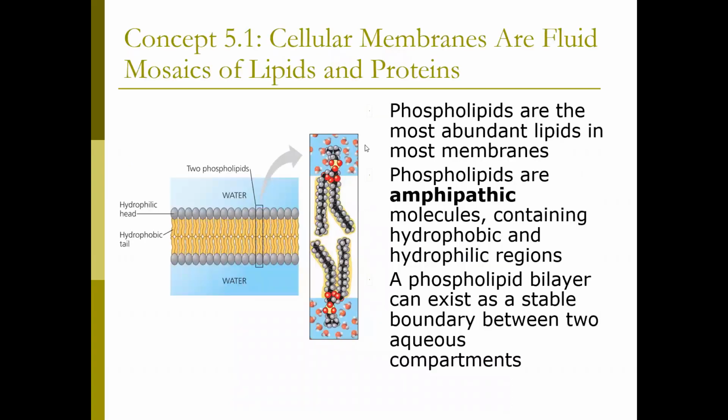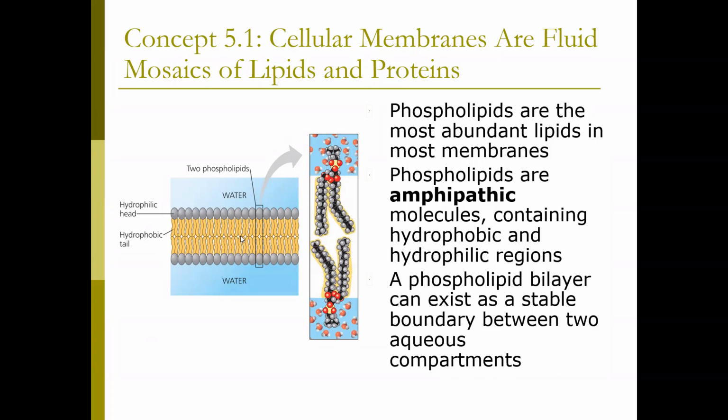So let's do a little bit of review. Back in chapter 3, we talked about the phospholipid bilayer. If we take a look at this phospholipid bilayer, the phospho part, I should say, is going to be hydrophilic or water-loving, and then the tails are going to be hydrophobic or water-fearing.